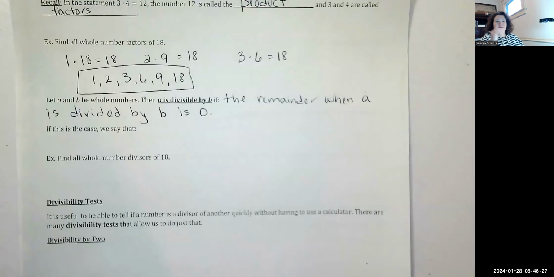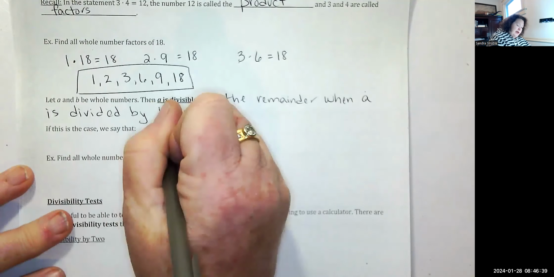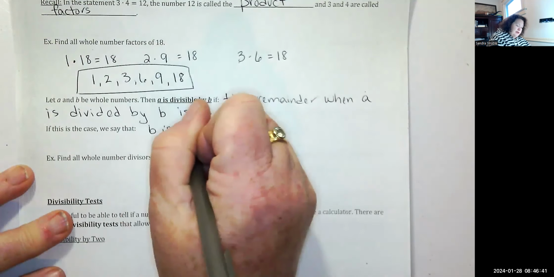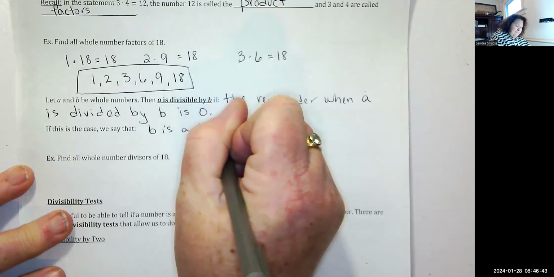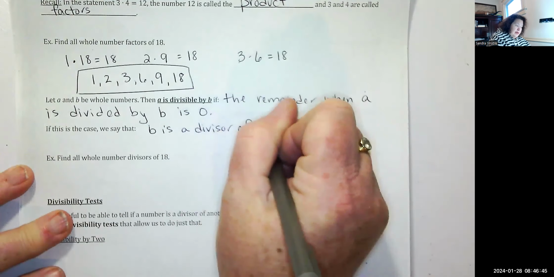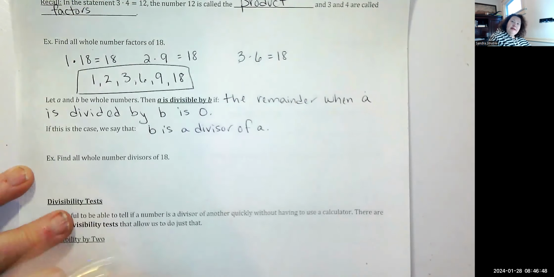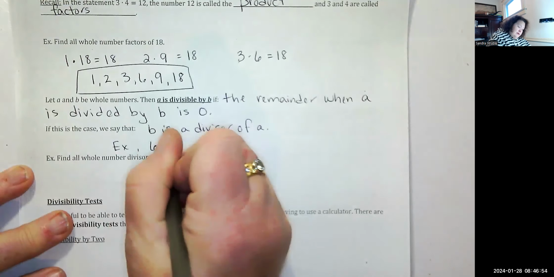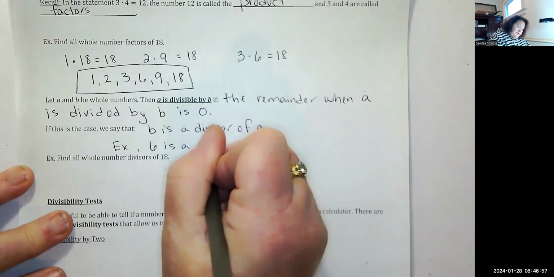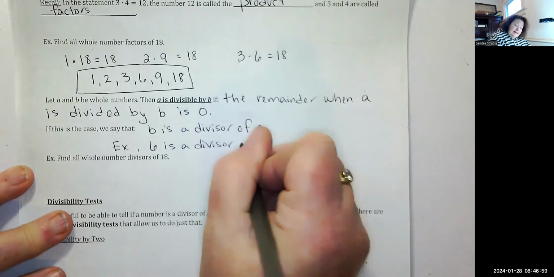So no remainder. If you divide it into a calculator, you do not get a decimal. You get a whole number. In this case, we say that B is a divisor of A. Just like 6 is a divisor of 18.